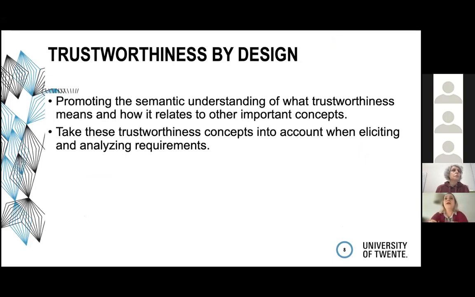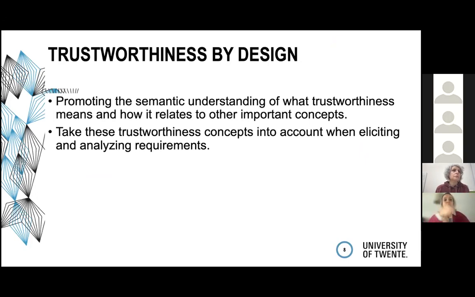So how can we obtain trustworthiness by design? This is what we aim for with the OBRE methodology, because since we start from the beginning focusing on what trustworthiness is and what the related concepts to this notion are, we would like to design the system taking this into account.